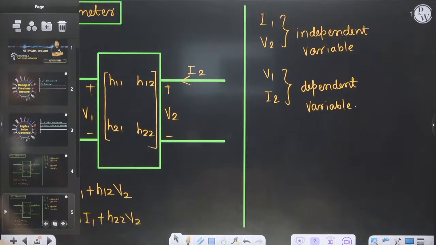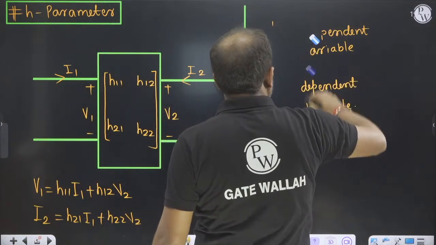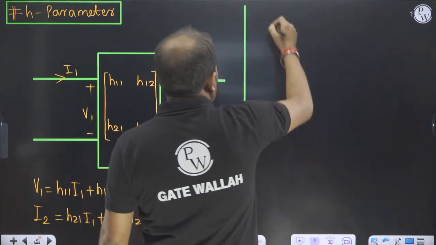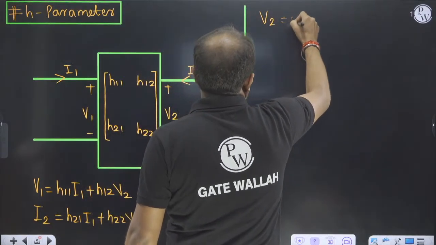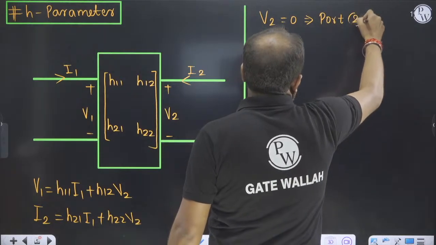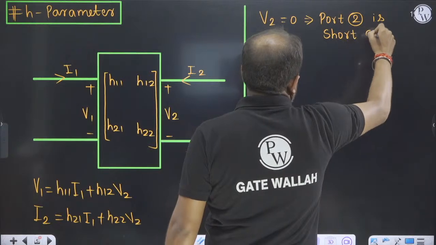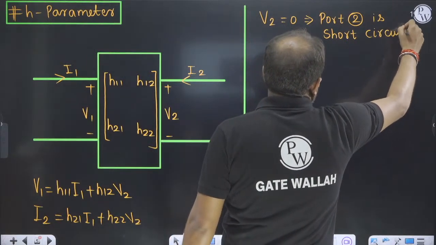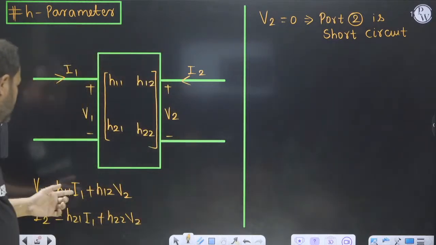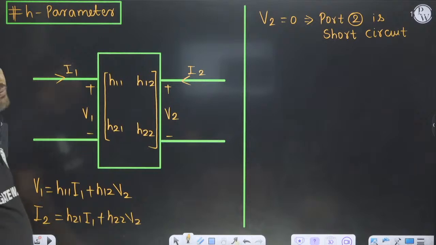H11 and H21 are defined when V2 is equal to 0, that is, port 2 is short circuit. So with V2 equal to 0, H11 is equal to V1 by I1, and H21 is equal to I2 by I1.